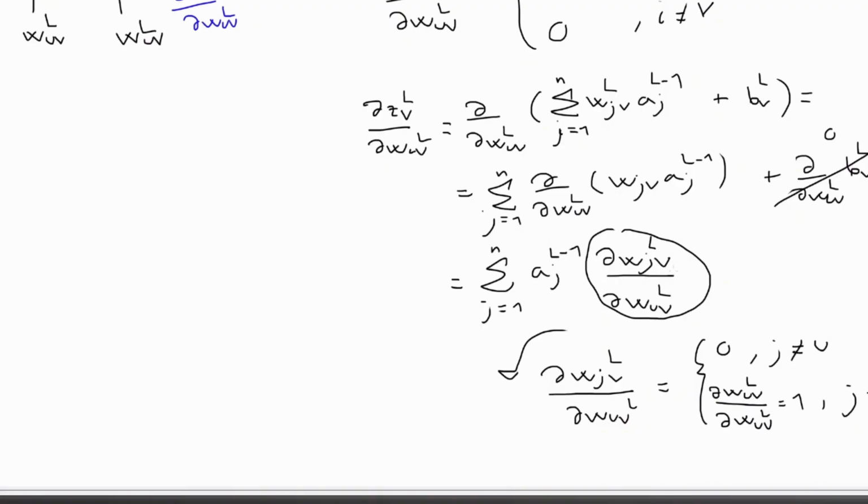So we only get a non-zero term when j is equal to u, which means that we get a_u^(L-1), which is the activation of the uth neuron at layer L-1. So the partial derivative of the weighted input at neuron v with respect to the weight from u to v is equal to the activation of the uth neuron at layer L-1.